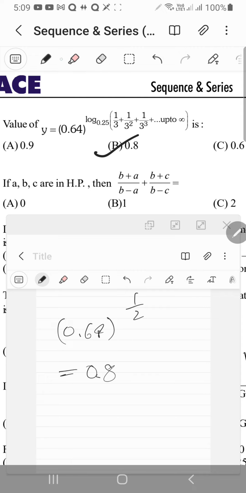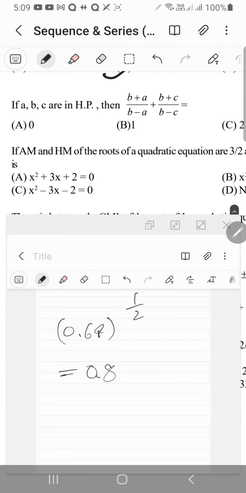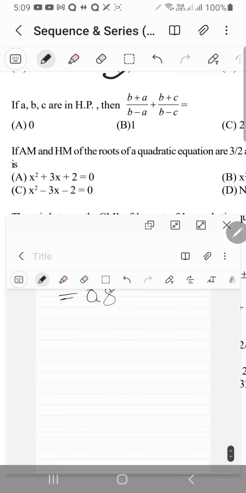done. Okay, next, if A, B, C are in HP, then this thing is B plus A upon B minus A plus B plus C upon B minus C. A, B, C in HP, right? Yeah, the same thing. Capital B plus capital A upon this. I've done this question once, I think.